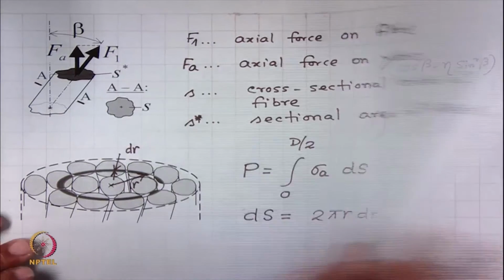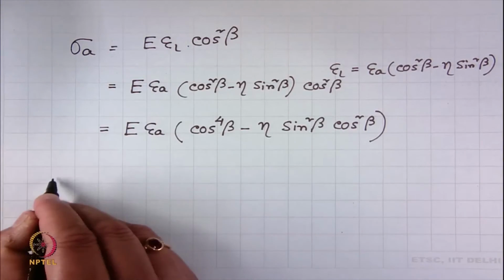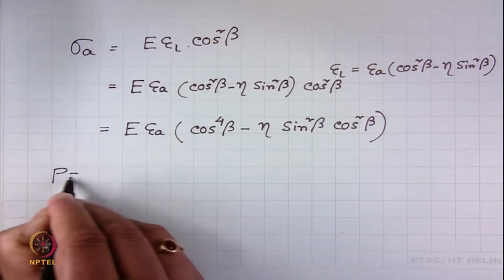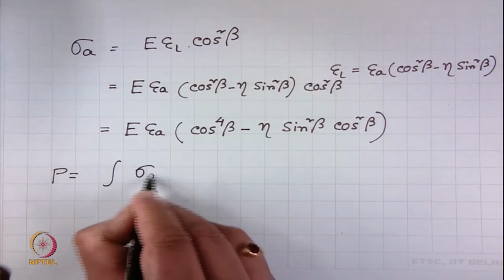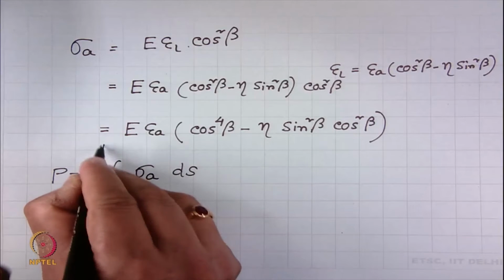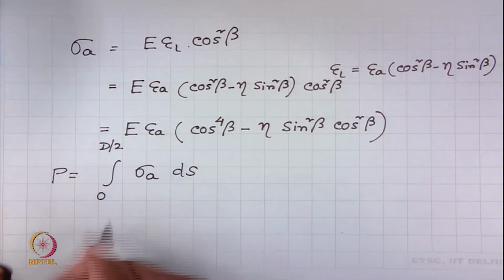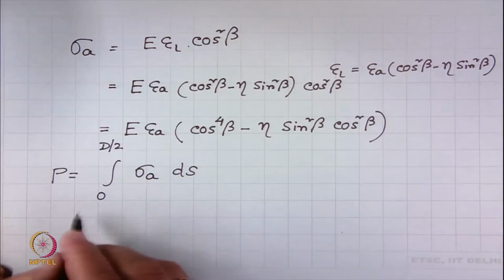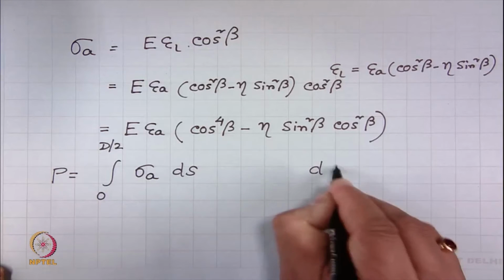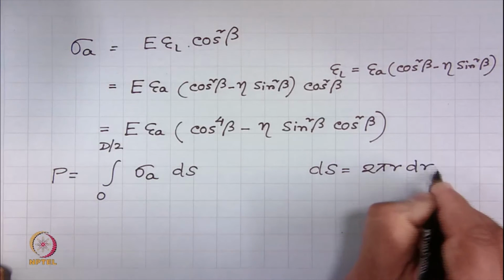So, now if we write this expression, P is equal to the integral of sigma A ds from 0 to d by 2, where ds is equal to 2 pi r dr into mu.